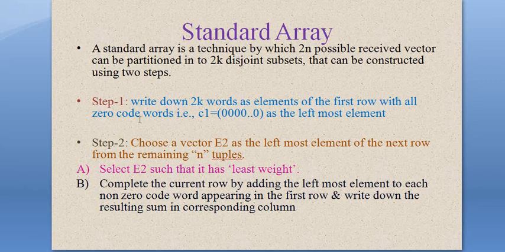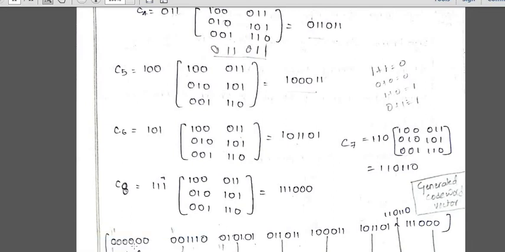So what is the first code word that you have got here? 0 0 0 0 0 0. This is C1, C2, C3, C4, C5, C6, C7 and C8. These are all the code words that you have got. The first step is completed. We have written all the 2 power k code words, right?